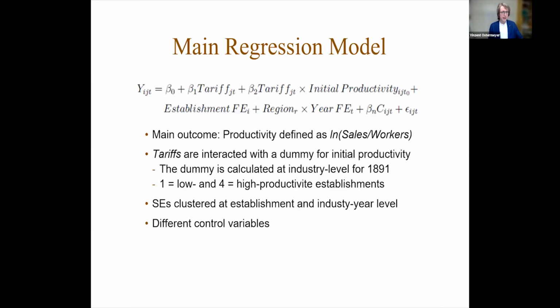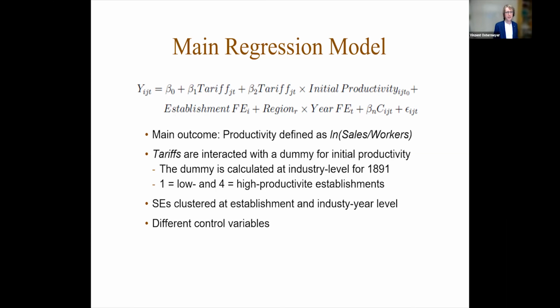And then this is the main specification that I use in the paper. So I regress firm level outcomes on industry level tariffs. And then I control for establishment fixed effects and region by year fixed effects and other control variables. But the crucial thing is that I include an interaction between tariffs and the initial productivity level of firms.